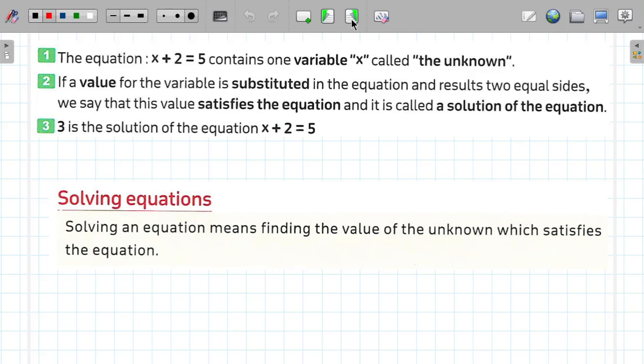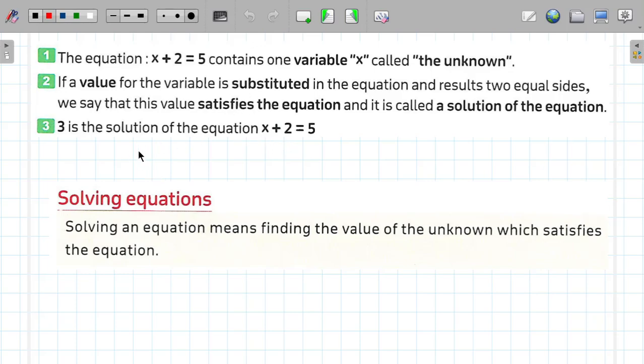So in x plus 2 equals 5, what is the number that will be added to 2 to get 5? The value of x will be 3. So I can say 3 is a solution of the equation x plus 2 equals 5.